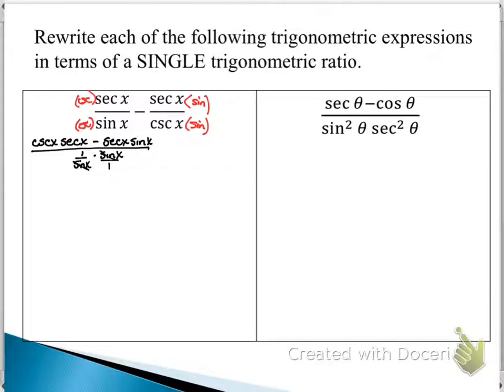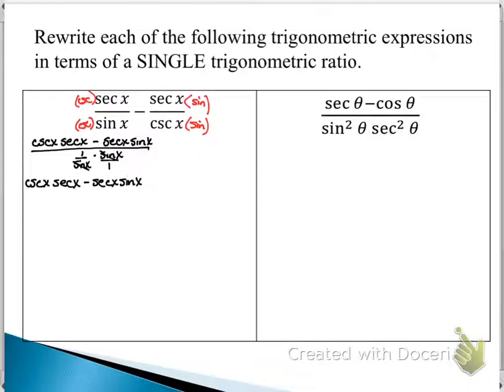So now I have cosecant x times secant x minus secant x times sine x. I could put it over 1, but I don't want to because it's a waste of paper. Anything over 1 is just whatever it is on the numerator.